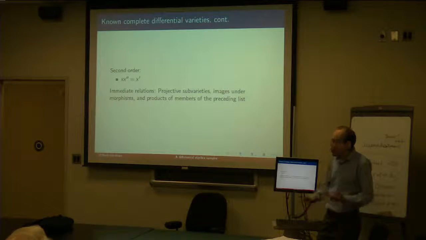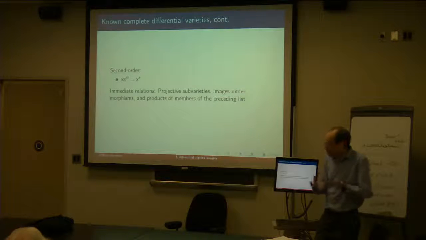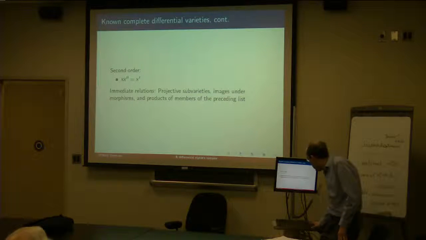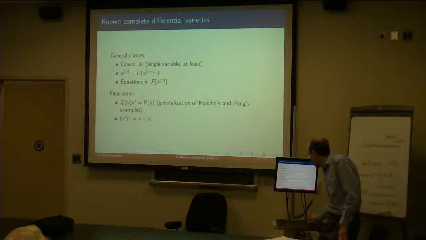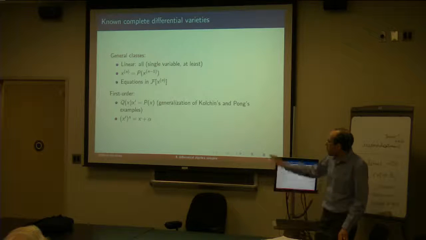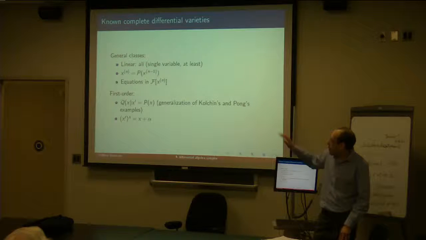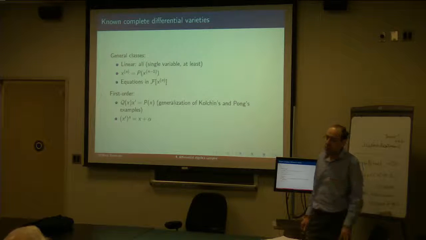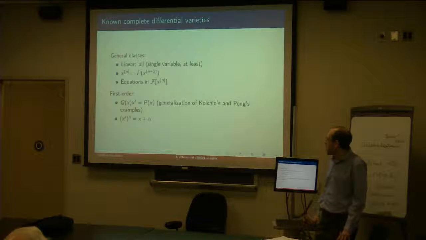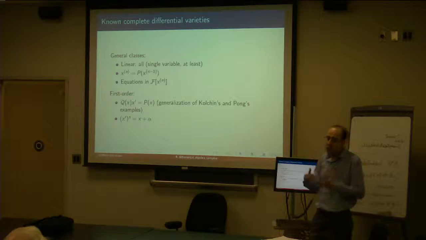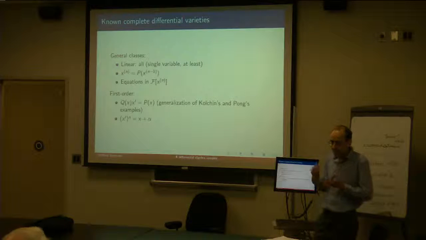The result on constants is true in the partial case as well, and if you let Q equal 1, then for the analog in the partial case, James Freitag confirmed that basically the same arguments as Pong's hold. But those are all the complete differential varieties that I know of.